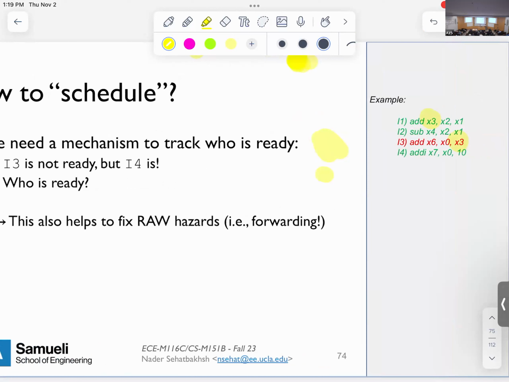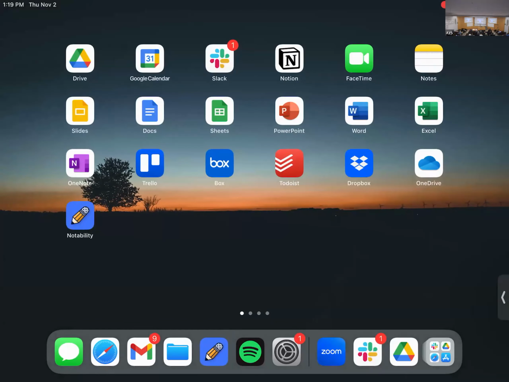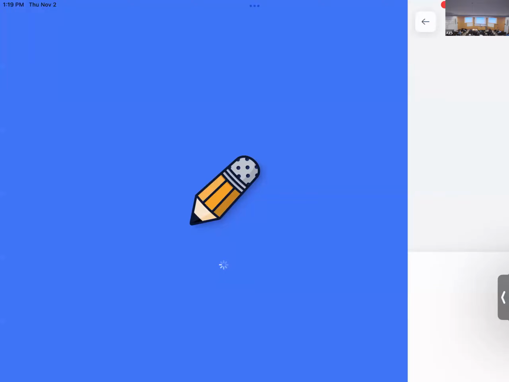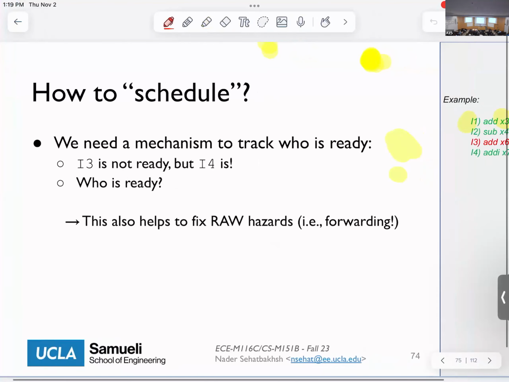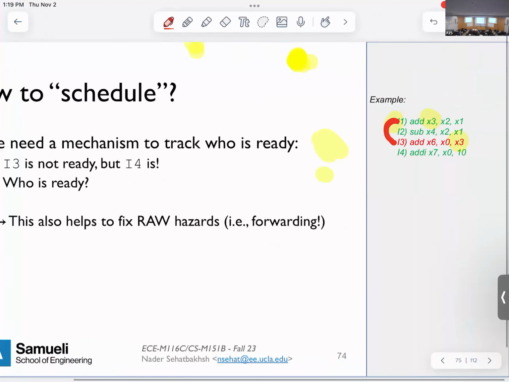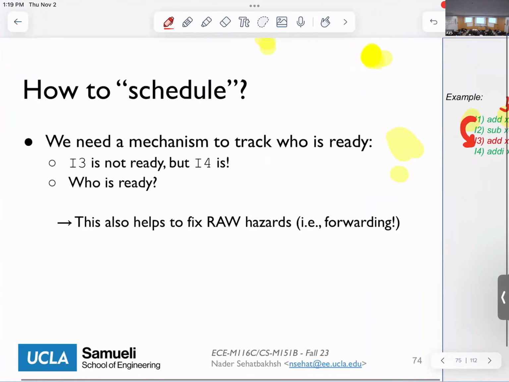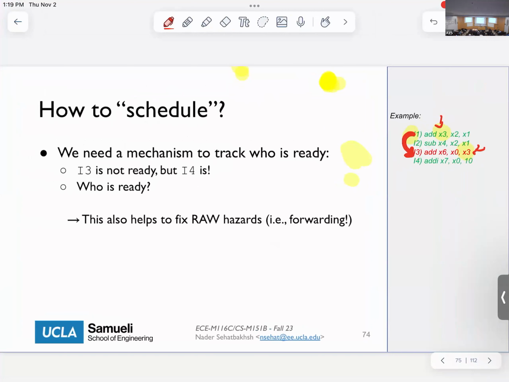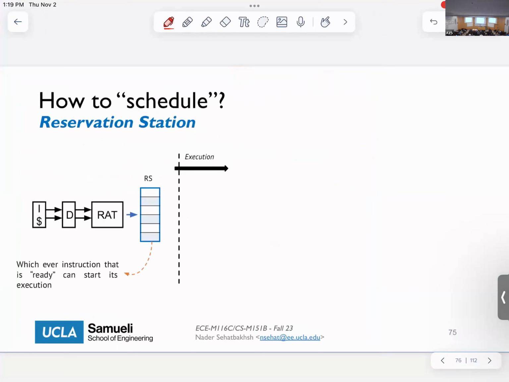Because once this instruction here is finished, we need a mechanism to forward this data to this instruction so that we can then continue. So these two problems are a scheduling problem: keeping track of when things are ready and how we forward. So how do we do that?